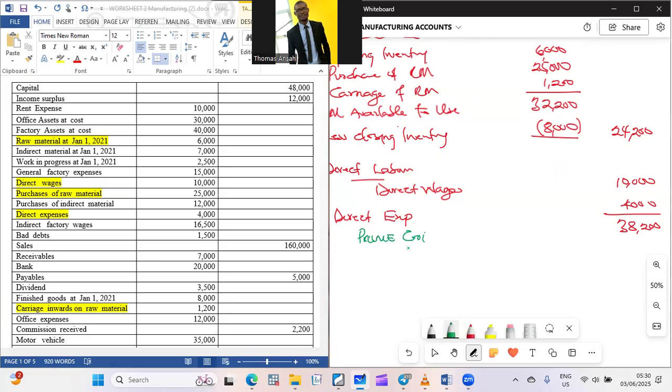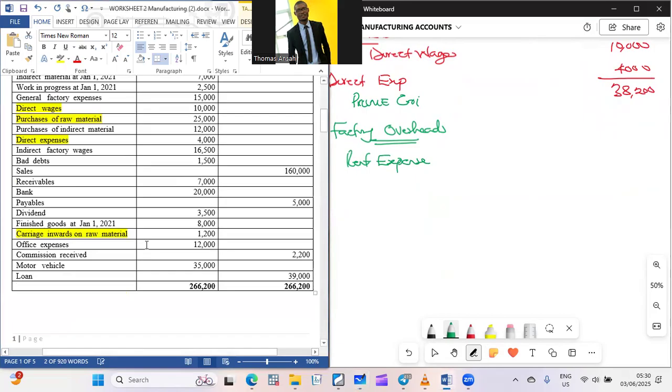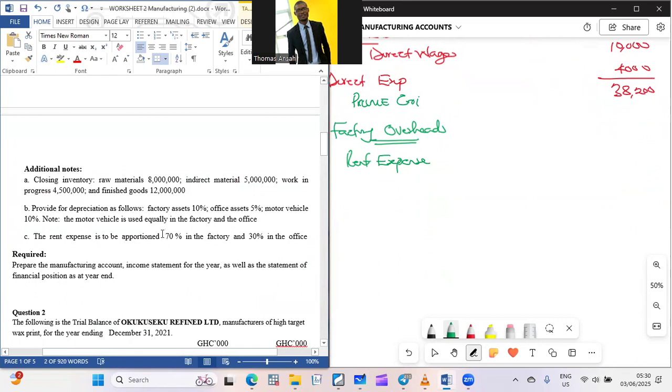So what about the factory overhead? What about the factory overhead? So the factory overheads, we know rent expense is here, and they told us that the rent expense, we are to apportion it how? The factory is taking how much of the rent? 70. So we will do 70%.